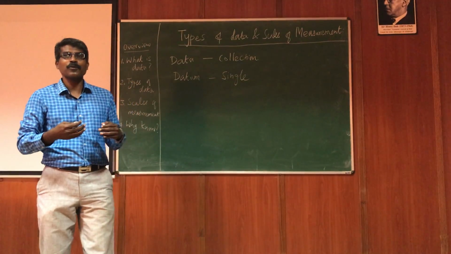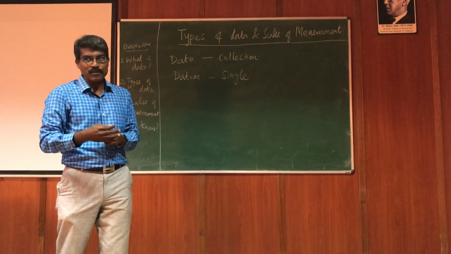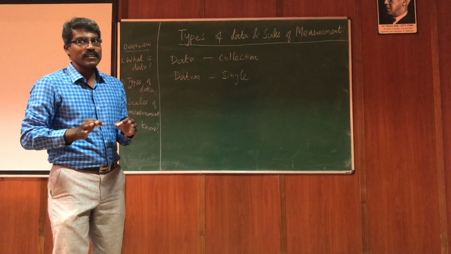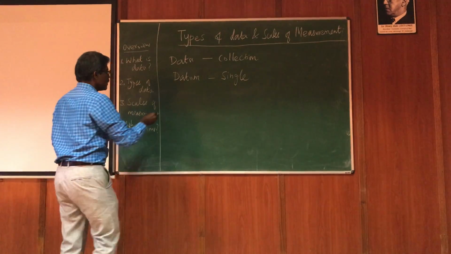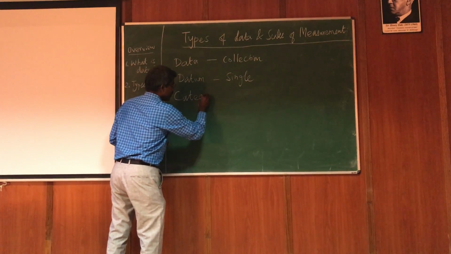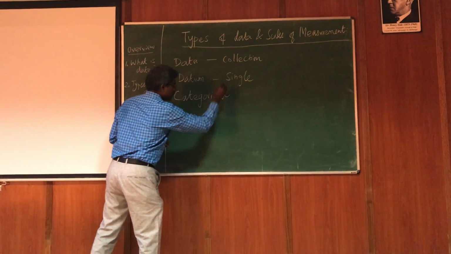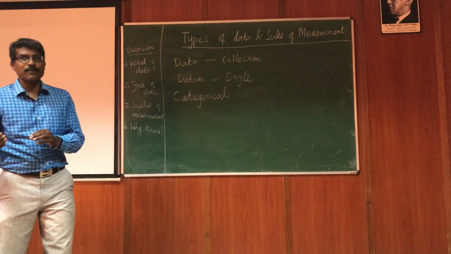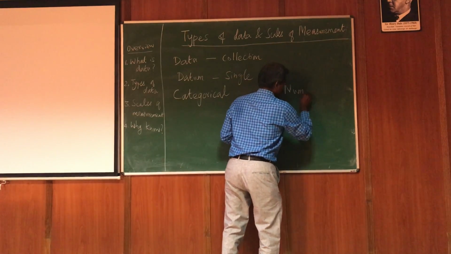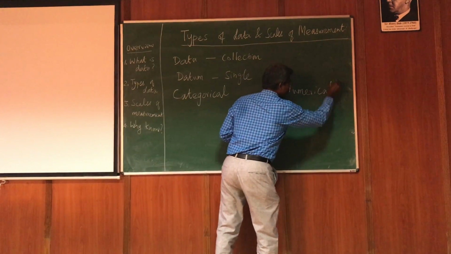Now let's go into what are the different types of data and how we can measure data. There are basically two different types of data. The first type is called categorical data. The second type of data is called numerical data.